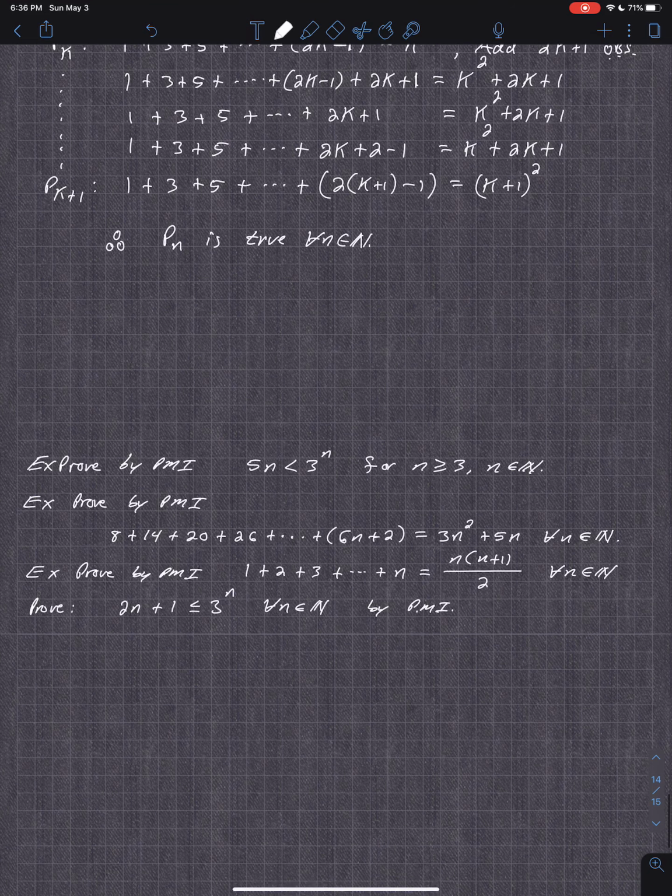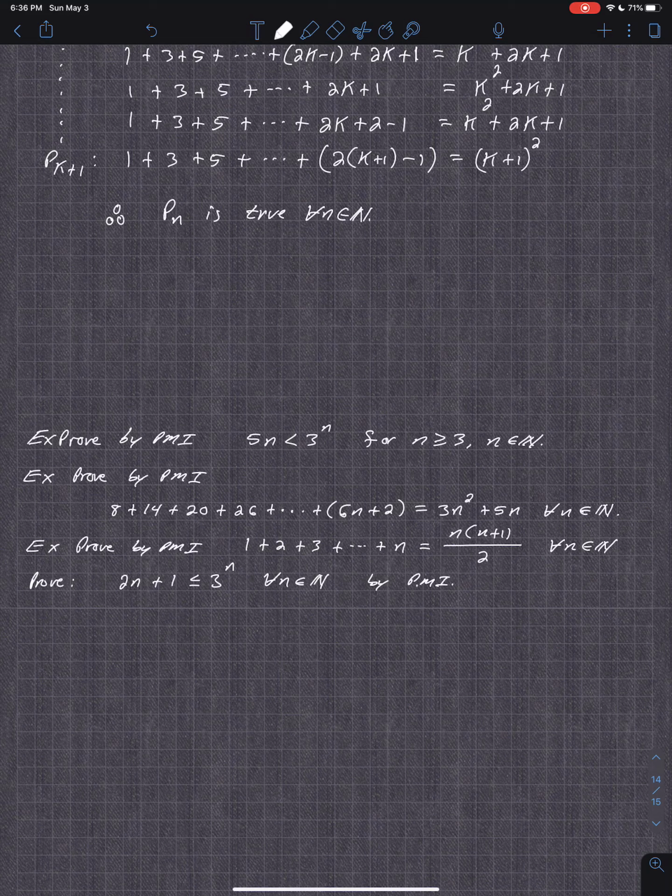I have down here a few more examples that you can try. There's a lot in the book too, but I might post these in the solutions online, or I'll email on Canvas, and I'll go through each one of those proofs.